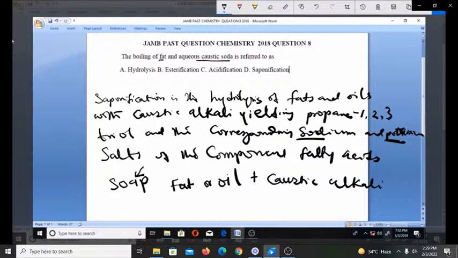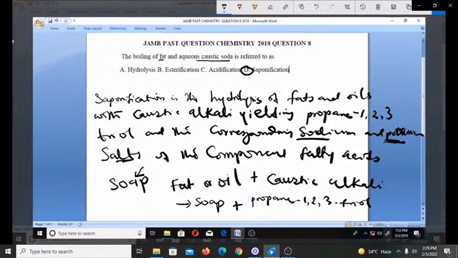If you have these two combined, you're going to have soap. And you know that soap is actually the sodium and potassium salts. That's the soap. Then what else do we have? You now have what we call propane 1,2,3-triol. So that's how you produce your soap. So this is the process of soap formation, saponification, and that makes D the right answer to this, saponification. Thank you.